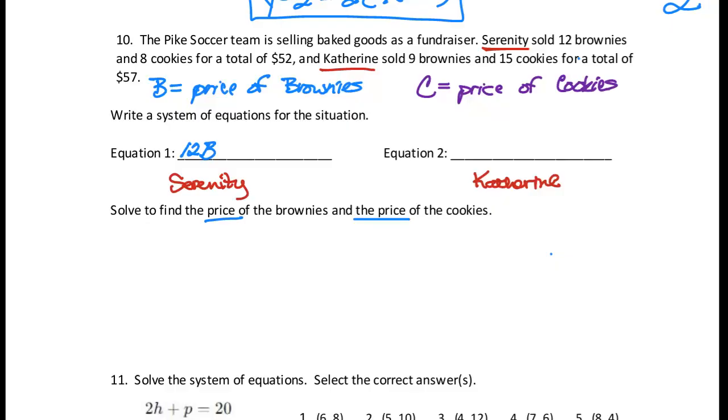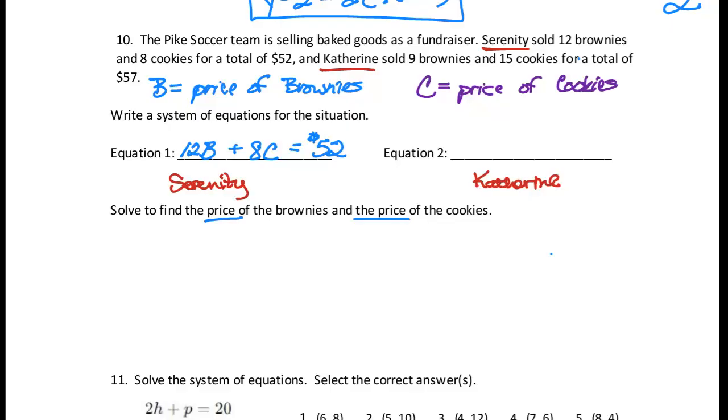So 8, and how much do they cost? They cost C amount. 8C equals $52. And what operation am I doing in between here? Addition, thank you. So 12B plus 8C is equal to 52.